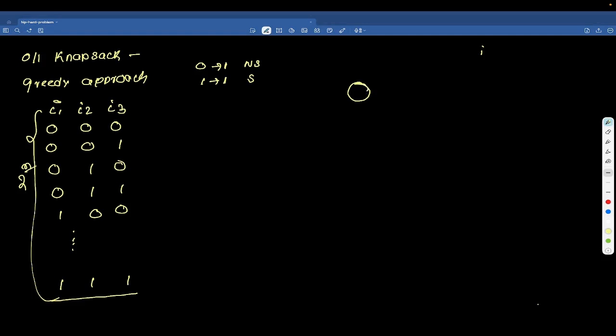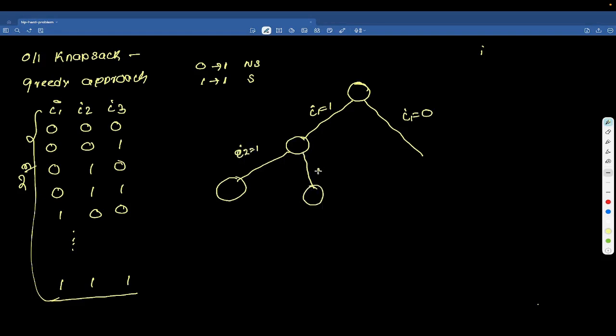Let's take one arbitrary node, and on this line we'll write item 1 is selected, and this side item 1 is not selected. Similarly, on this side we will have item 2 is selected, this side item 2 is not selected.